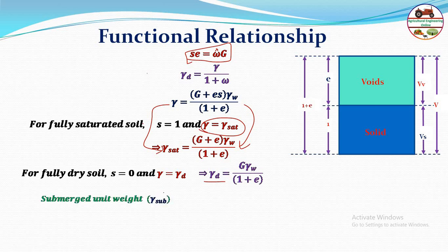Submerged unit weight: when the soil, basically sand and other things, is submerged in water, the submerged unit weight can be calculated, which is the difference between the saturated unit weight and the unit weight of water.